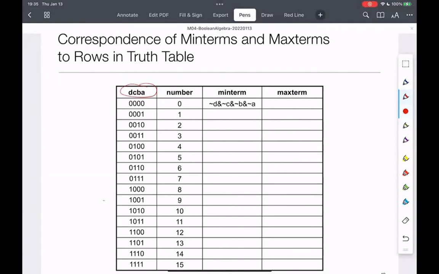Or consider this one, row number 9. I need to find the minterm which will take the value 1 when I'm in row number 9. Can anyone orally help me? What should I write there?